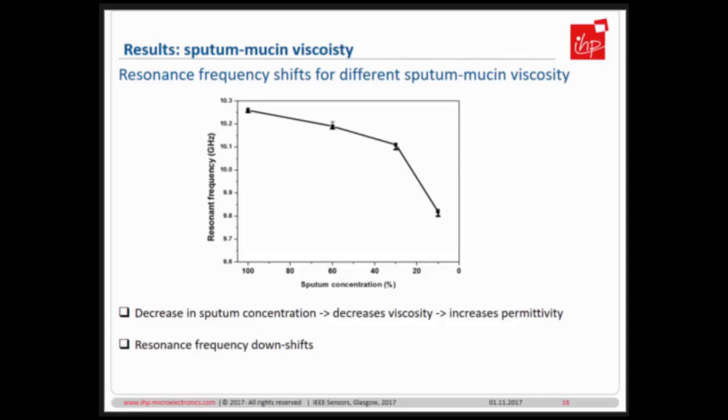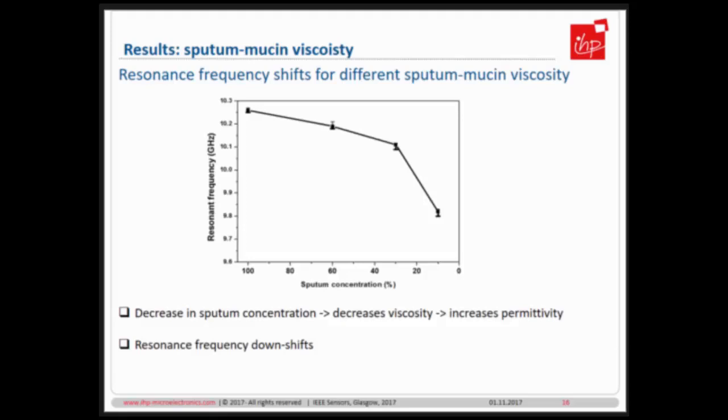This is translated to the fact that when you're decreasing the concentration of sputum, you're basically increasing the concentration of water. So when you're increasing the concentration of water, the dielectric permittivity increases. And as the dielectric permittivity increases, the capacitance increases as well. And that reduces the resonant frequency of the oscillator. And that's what we're trying to detect. So we have a sensitivity roughly in the range of, I would say, 50 megahertz per unit permittivity.